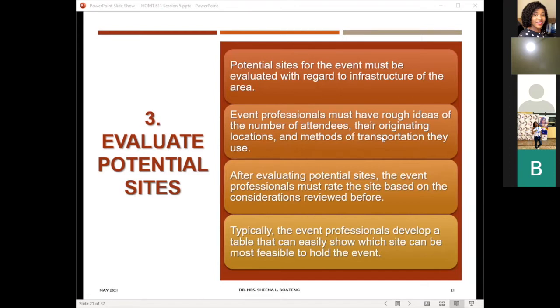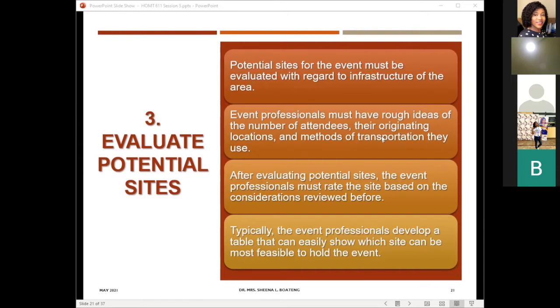So here, what most event professionals will do is that they will assign weights or marks to each of the checklist items to be able to ensure that once the site inspection is complete, they will tally the scores for each of the checklist items that were ticked for each of the sites they visited and see which site scored the highest.